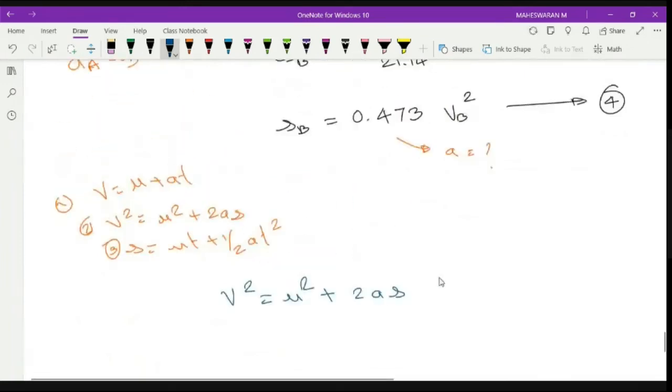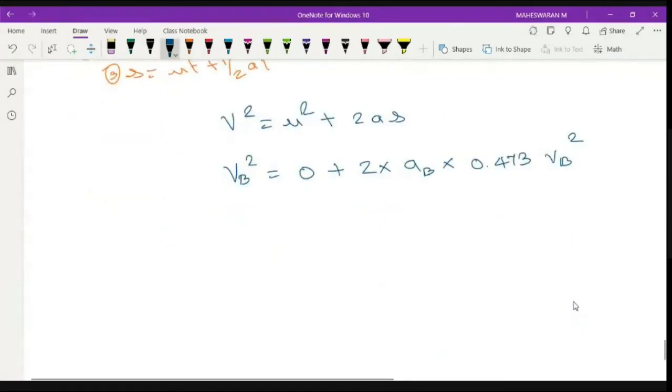So substitute it. V square is nothing but VB square. U square is 0 plus 2 into AB into SB. SB is what? This value. Let me substitute that. So 0.473 VB square. Right? So I'm going to cross multiply now.